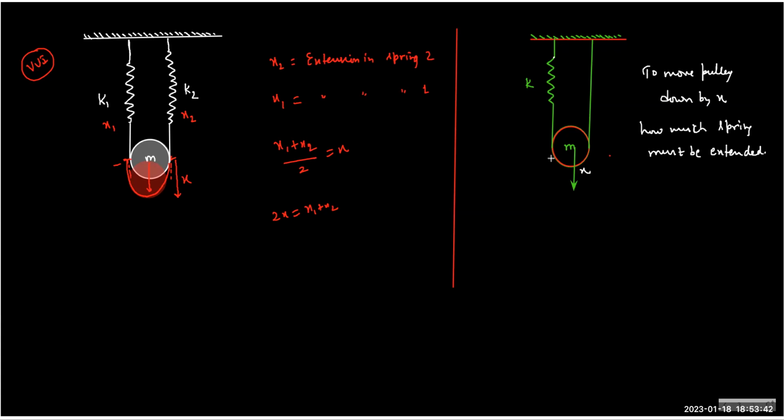But which side cannot give? The right side. So all will come from which side? From the spring side. So the spring must be extended by what value? 2x. That's it. So the motion of the pulley by x will make the string elongate by 2x. Understood?